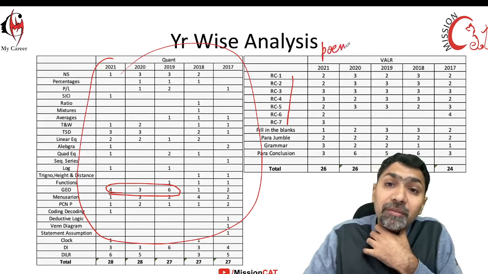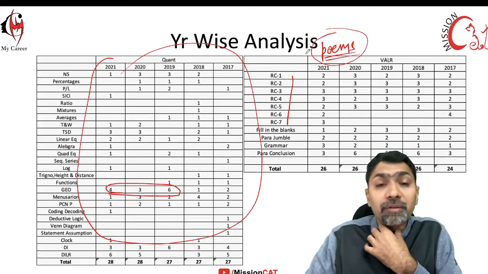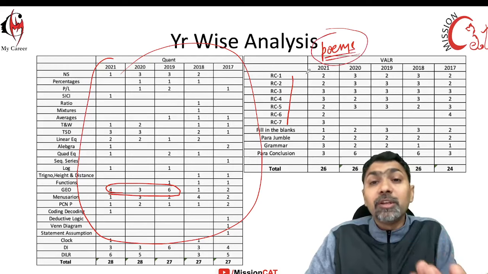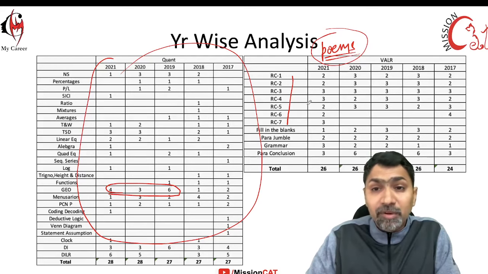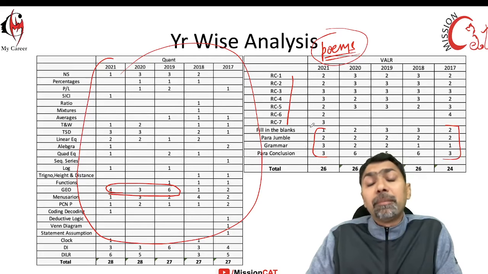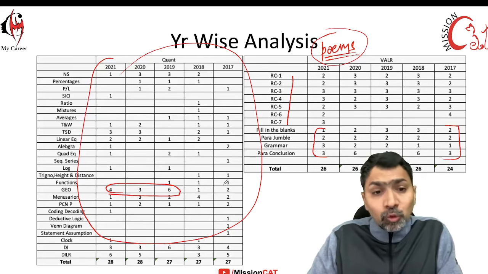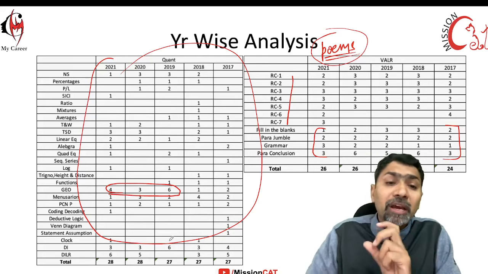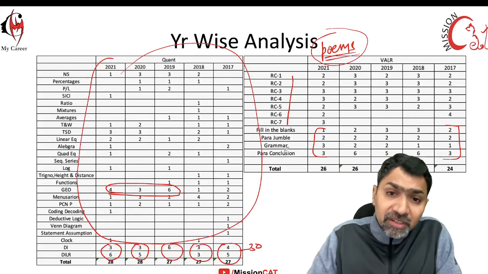Poems are the unique feature of XAT. Invariably you will get a poem in the XAT examination, and this part makes up around 30% of the paper. Here also in DILR you will get around 30% of it. So this is the 30%, and this is the 30%.